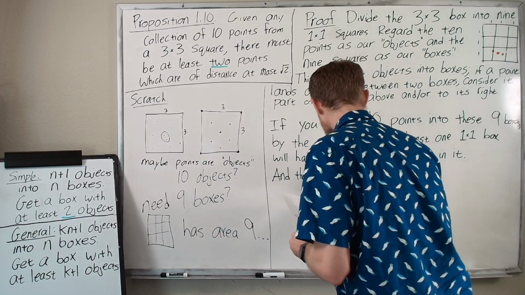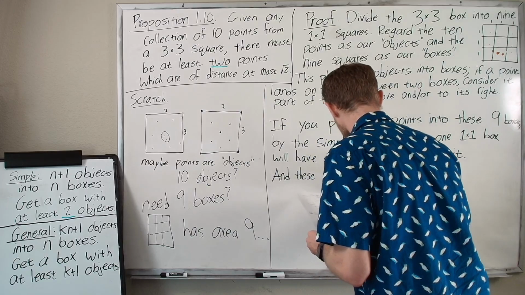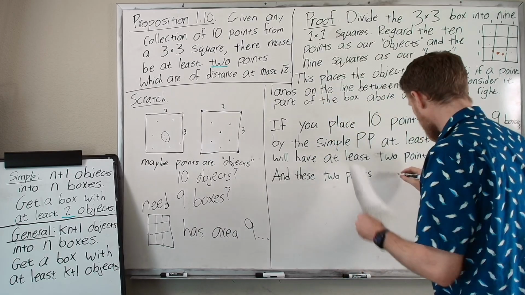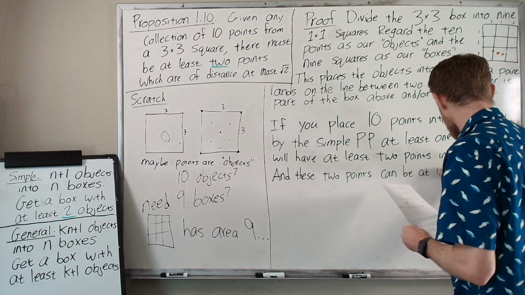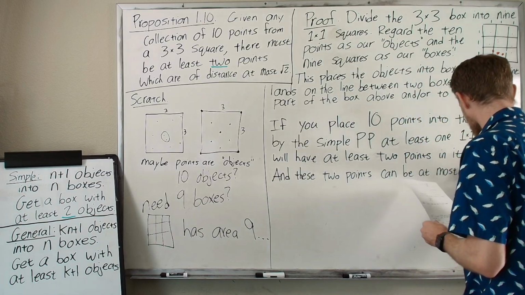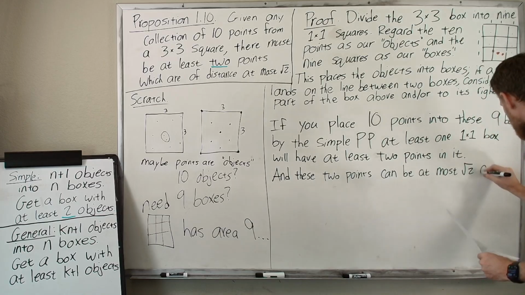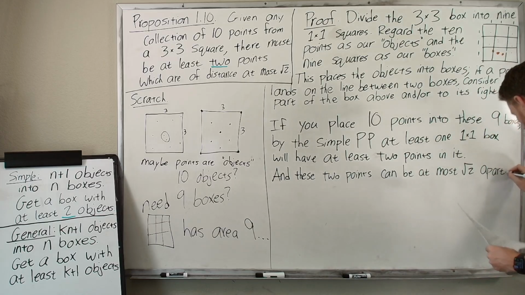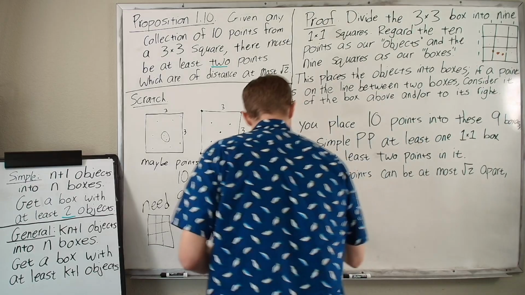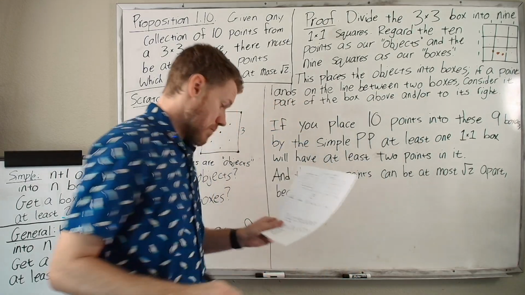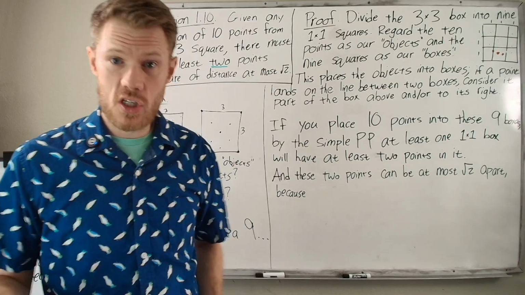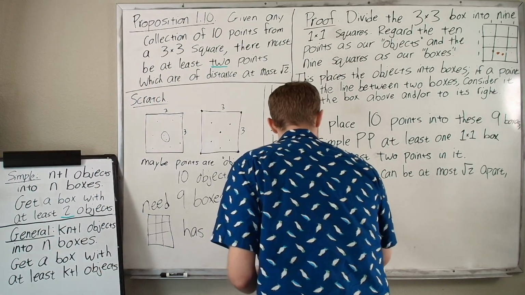And these 2 points can be at most a square root of 2 apart, because that's the max distance between 2 points in the square.